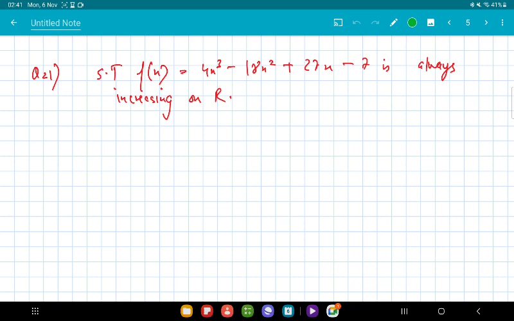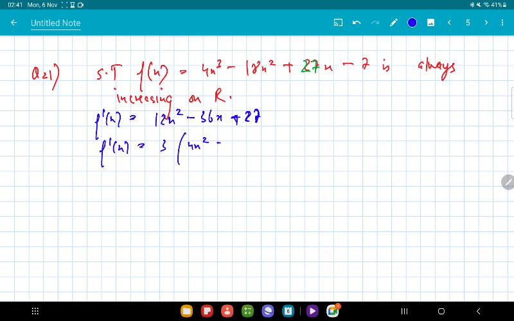Next question. These are all PYQs, quite important related to this AOD chapter. 4x cube minus 18x square plus 27x minus 7. We have to show that this function is always increasing on R. For that, first differentiate this. It's 27, I'm getting. Let's take out some common factor and make it a quadratic.